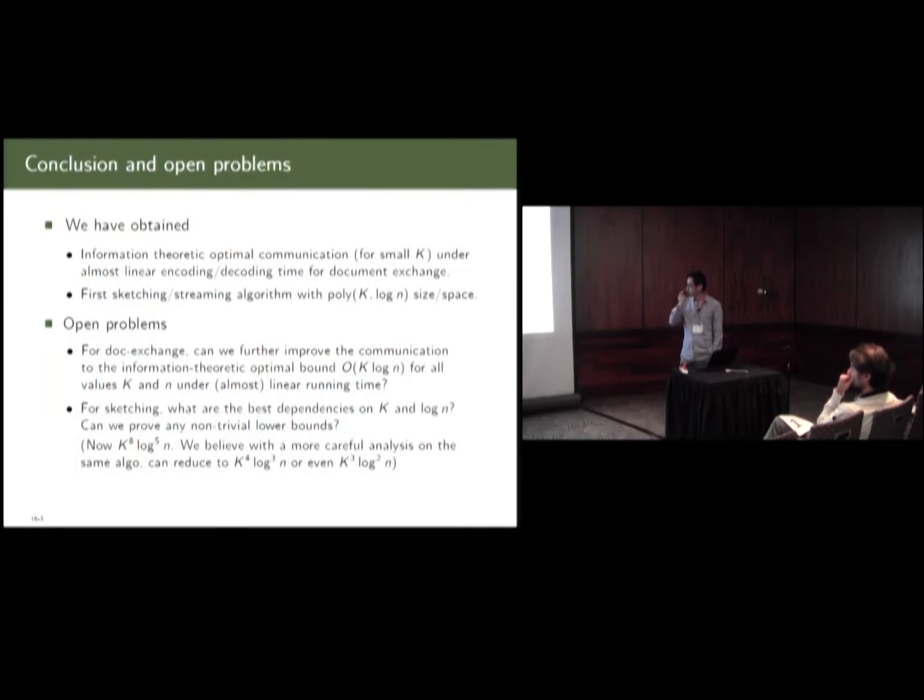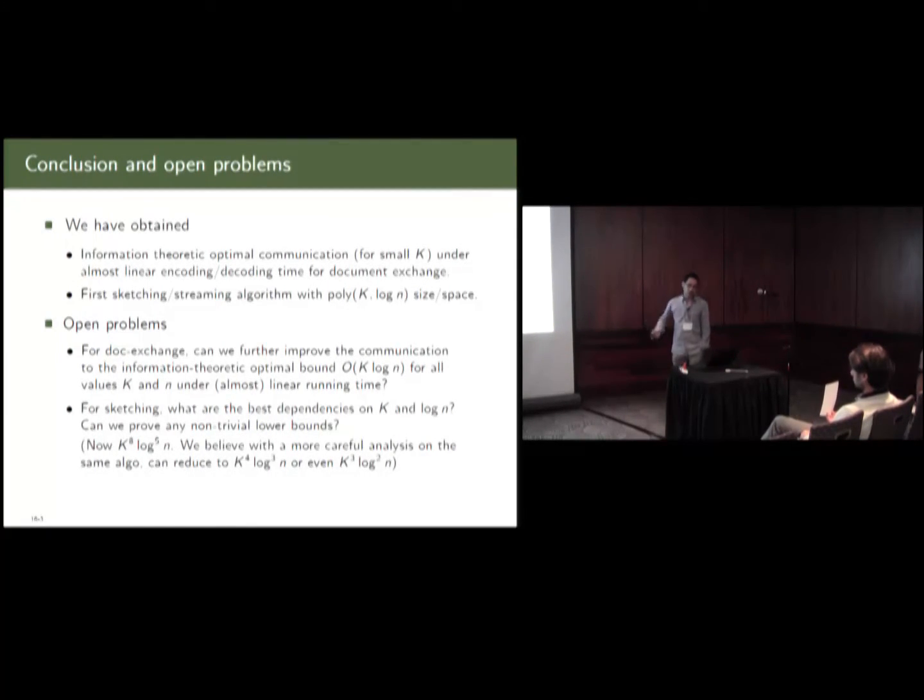And second, the sketch size now is a bit high. It's k to the power 8. I think with more careful analysis, we were just lazy. When doing the analysis, we used a lot of crude union bounds. I'm pretty sure we can reduce it to k to the power 4 log n cubed, or maybe, I'm not entirely sure.